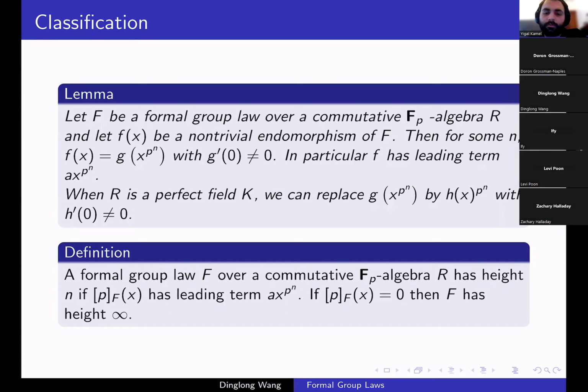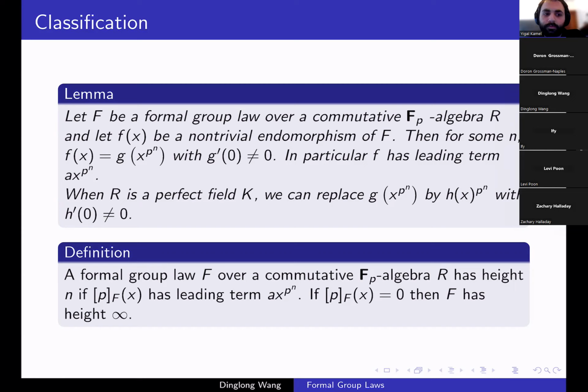In particular, f has leading term a times x to the p^n. Also, it's worth noting that when R is a perfect field K, we can replace g(x^(p^n)) by h(x^(p^n)) with the coefficient of x in h not equal to 0.